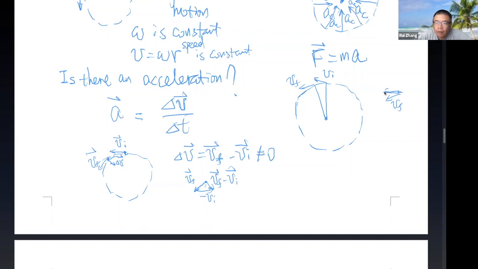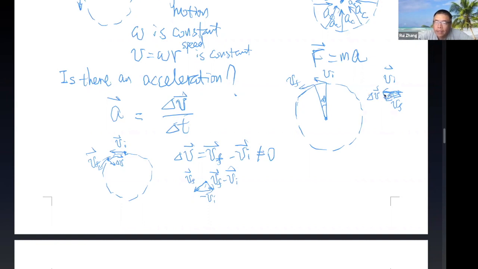I'm not drawing very well. This gives the difference. This is delta V here. So how do we calculate this length? You can recognize there are two similar angles. One is delta theta, which is how much is rotated, and it is also delta theta here.